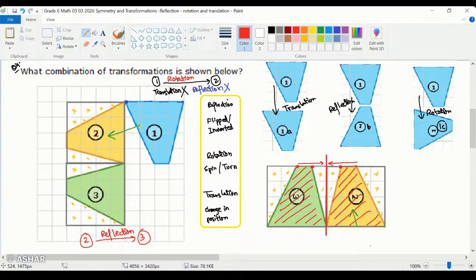Do we agree? It cannot be translation because in a reflection, the image is flipped. Like a palm. They both are flipped. Do we agree? Okay, thank you.